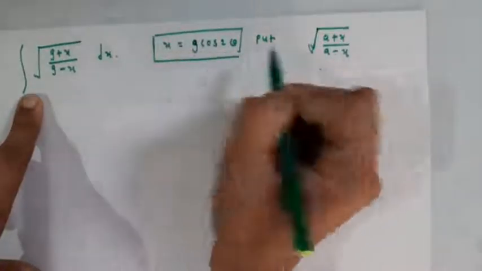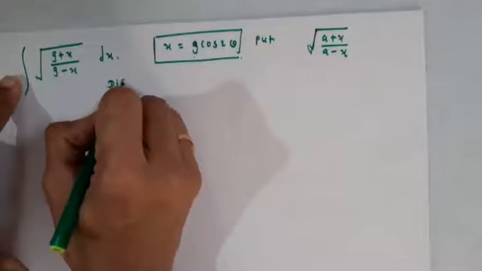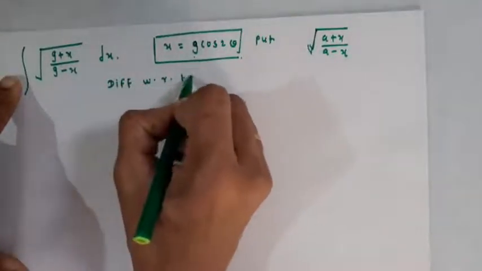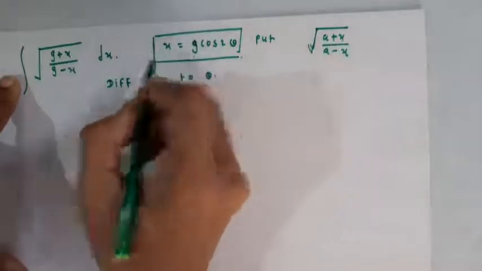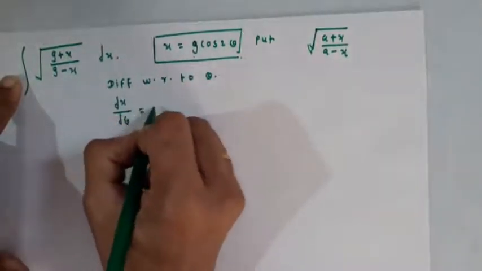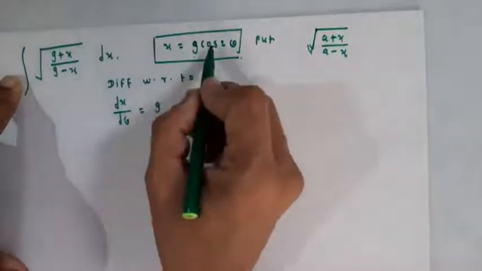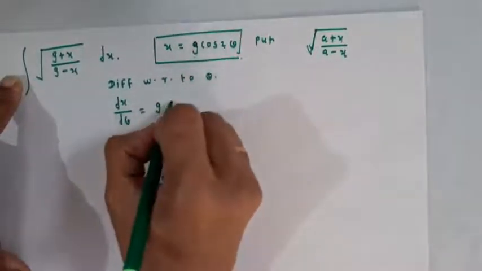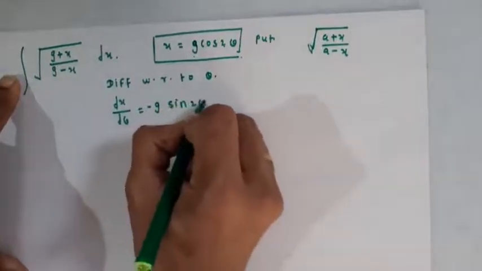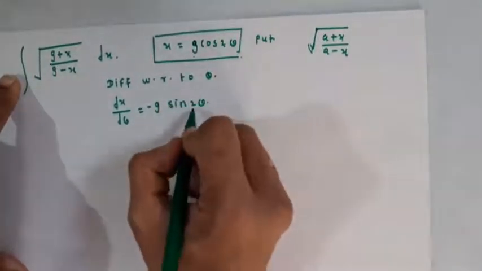Whatever our substitution, we differentiate with respect to theta. We get dx by d theta equal to 9 as it is, and the differentiation of cos 2 theta is minus sin 2 theta.